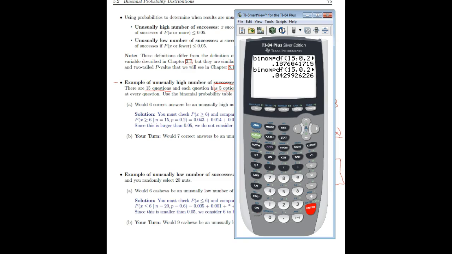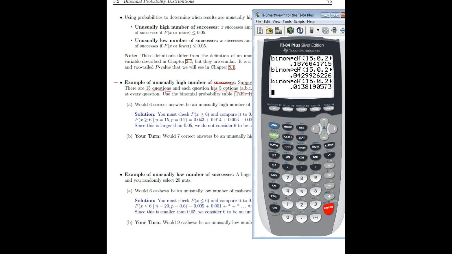Then you'd want to find the probability of getting exactly 7 correct. A little shortcut here, and that is 0.013819. You'll see these all truncated to 3 decimal places and written here. You can do it again with 8, and you get 0.00345 and so on.